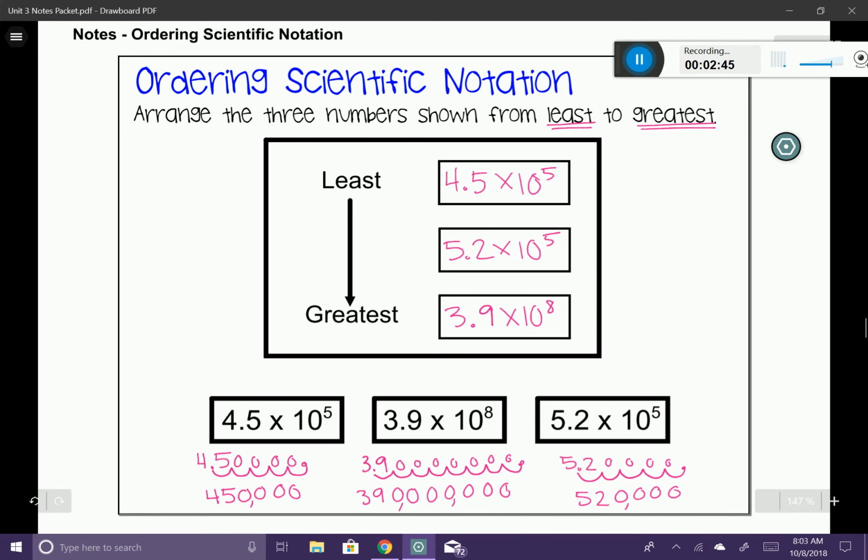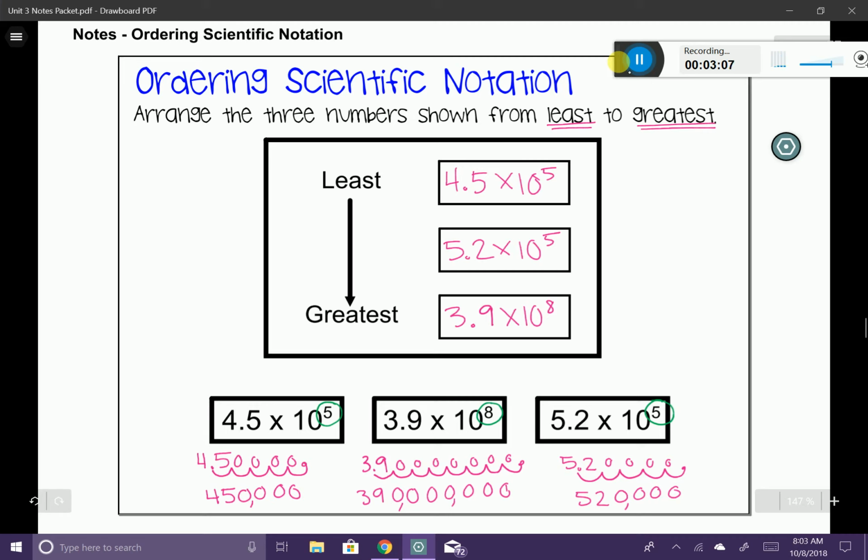All right, the first thing I want to look at are my exponents. I have a 5, I have an 8, and I have a 5. You can see that all three of these numbers are positive numbers, which means that I can actually use these exponents to order my numbers. Now, I have a 5 and a 5, which are identical.